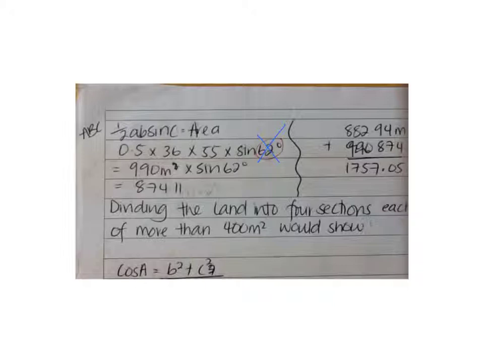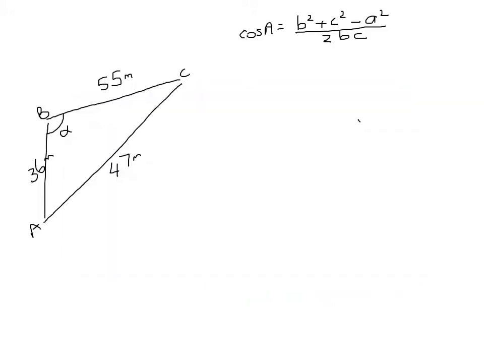So unfortunately it wasn't that easy. We couldn't just use that formula. We had to find that angle in the top triangle. So let's look at the top triangle ABC. I had worked out that this pipeline was 47.1 meters, and I was given the other two lengths.